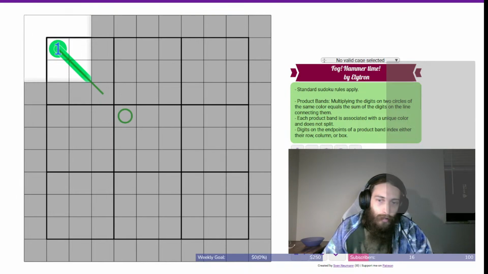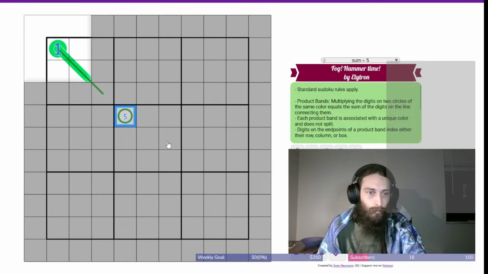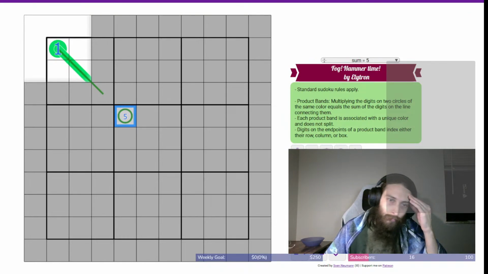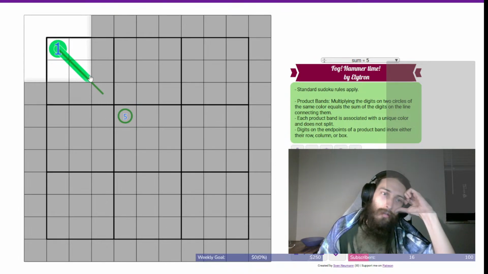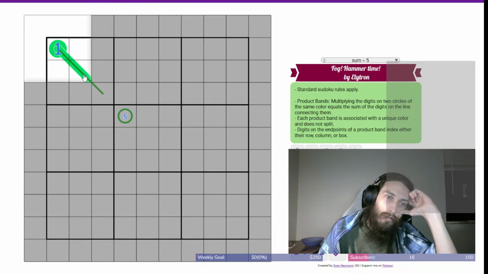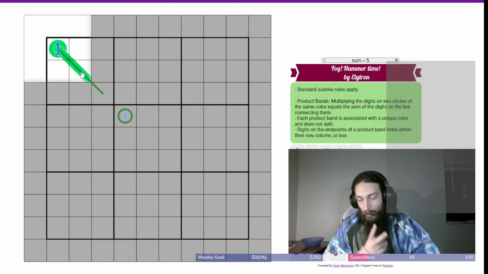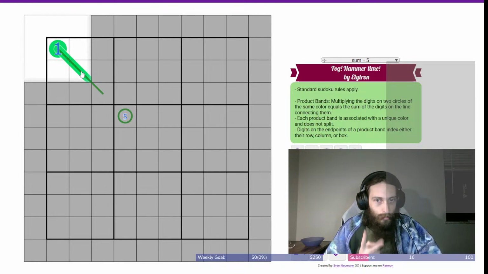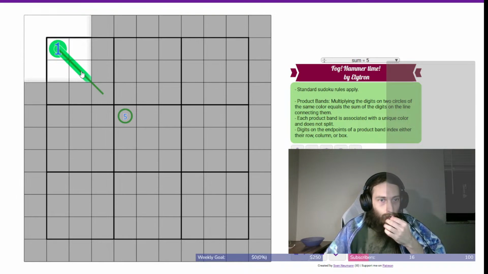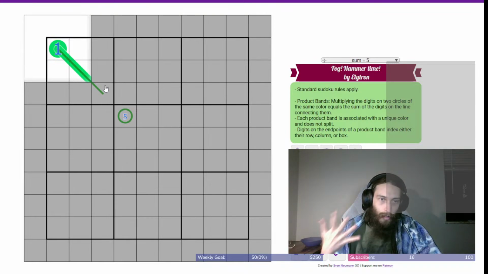I am 95% certain that this is a 5, because it has to be at least 2 digits on the sum, which means I'm at a minimum sum of 5, a 2 and a 3.